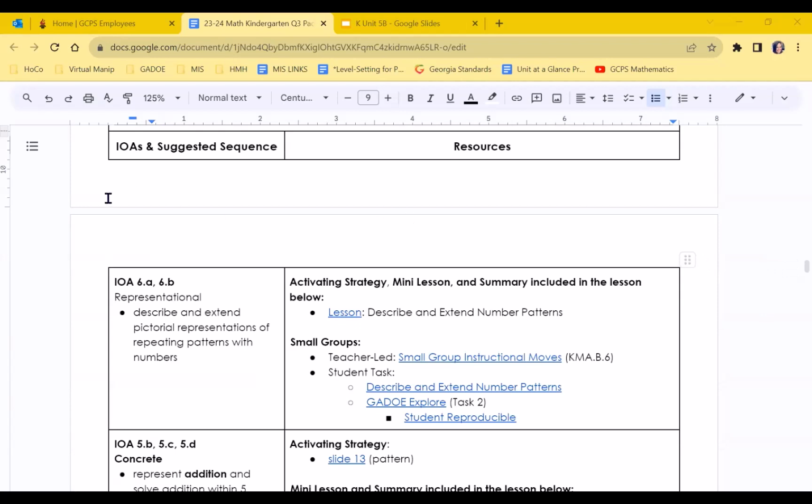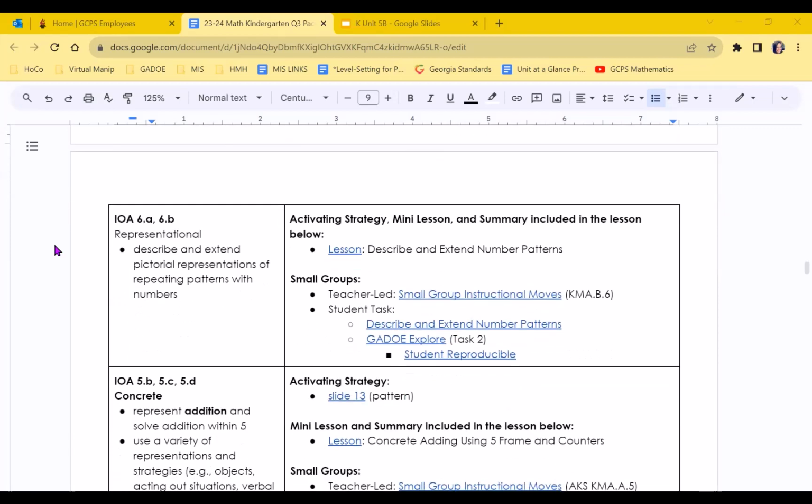Specifically, the left column provides the learning progressions for the AKS and IOAs, whether this be the concrete, representational, or abstract progression, or the progression between specific learning targets within the IOAs. Suggested manipulatives are also included in this column. The right column provides resources to guide instruction.